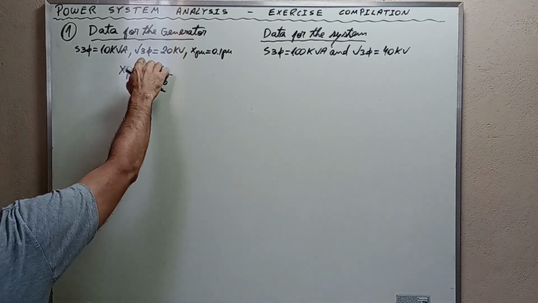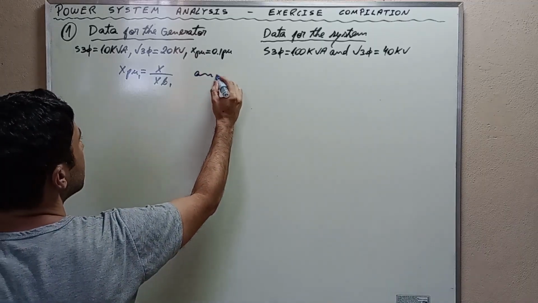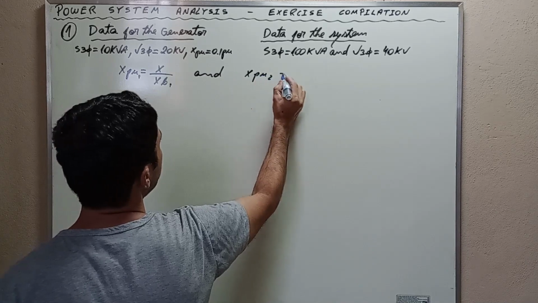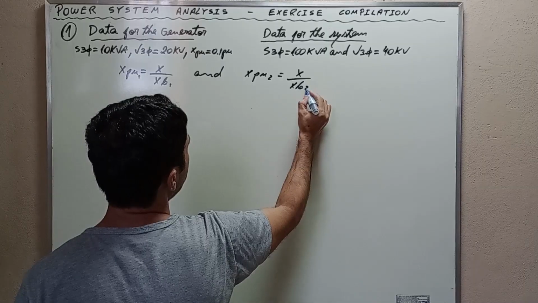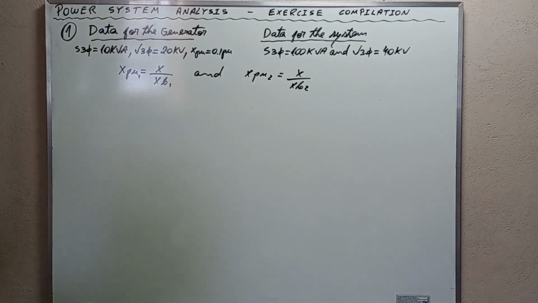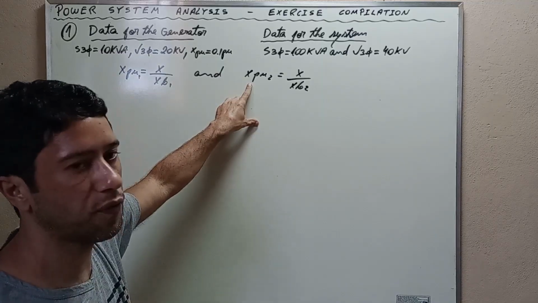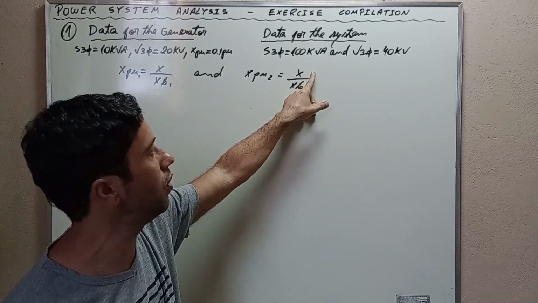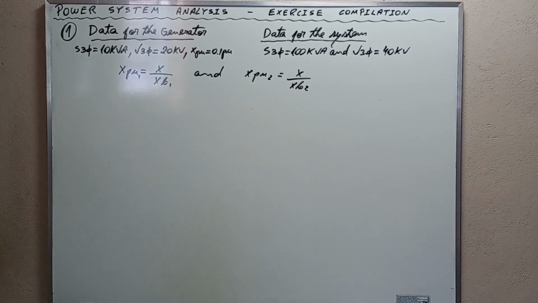Imagine that this system here is system 1 and this system here is system 2. So xPU2 is going to be equal to x divided by xB2, okay? Under any given system, the value of the reactance in per unit is equal to the value of the reactance in ohms divided by the base value of the reactance in that specific region or specific system.